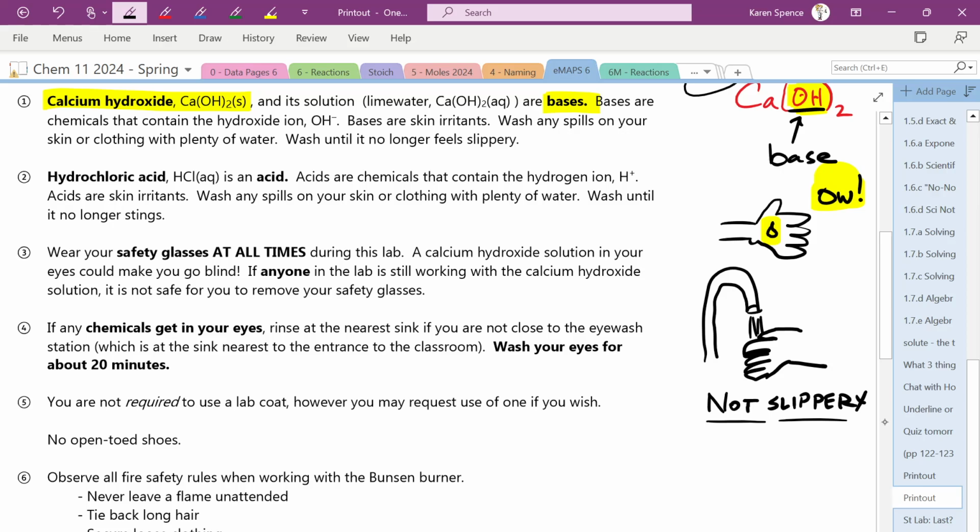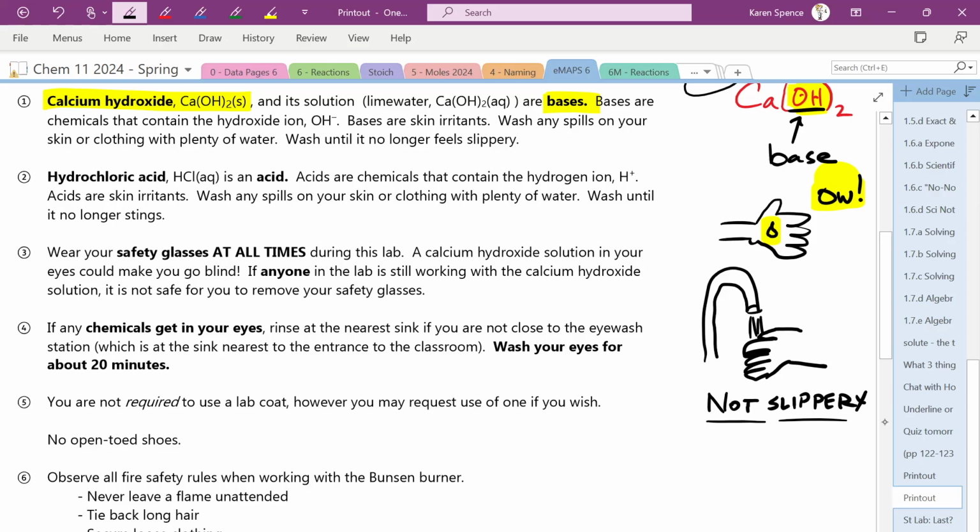So if you want to exfoliate quite well, you could use it as an exfoliator also. And then you rinse it all off, and the hair either gets really fine or is gone entirely. Okay? So with bases, you want to make sure if you get some on, you wash until it no longer feels slippery, because bases feel slippery.